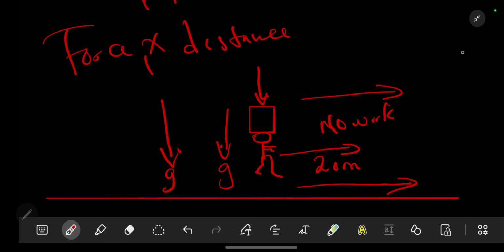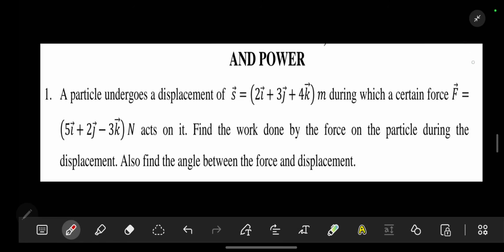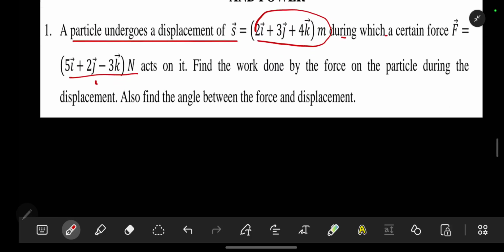Let's solve some questions. Let's begin with this simple question. A particle undergoes a displacement s, given as a vector, during which a certain force F, also given as a vector, acts on it. Find the work done by the force on the particle during the displacement.